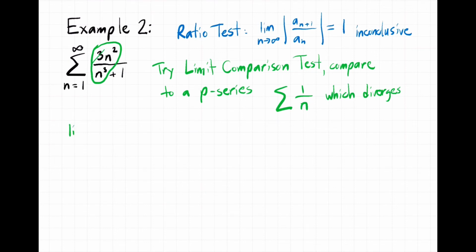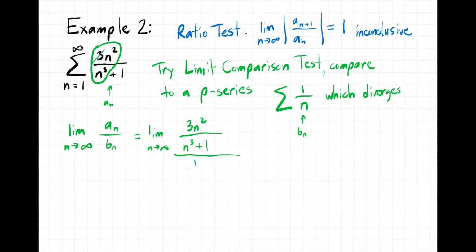Let's take the limit as n goes to infinity of an over bn, where an is the terms of our original series, and bn is the terms of the series we're comparing to. So, this time we're going to have the limit as n goes to infinity of 3n squared over n cubed plus 1 over, big division bar, 1 over n.